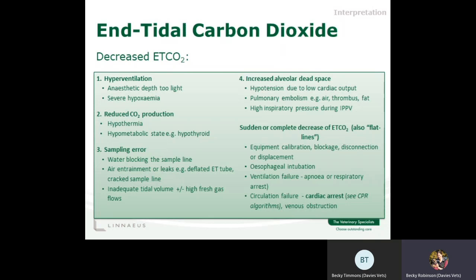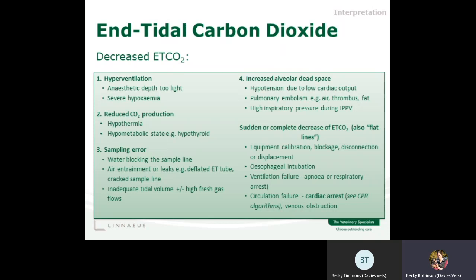However, other encountered scenarios which are relatively common include a reduced carbon dioxide production, usually because of hypothermia, or as a result of hypotension, which can increase the alveolar dead space.